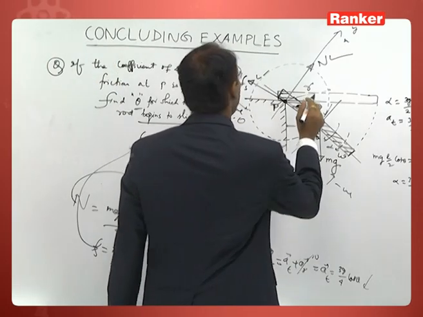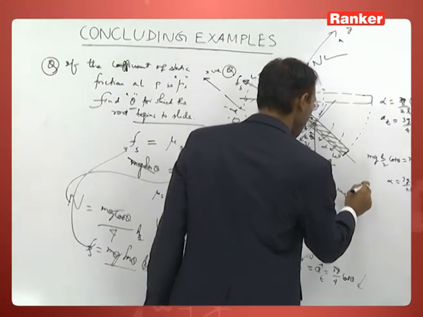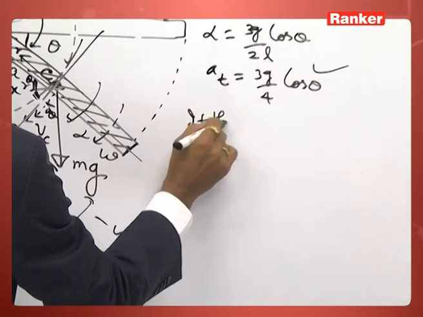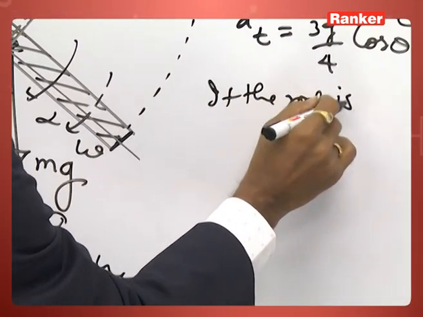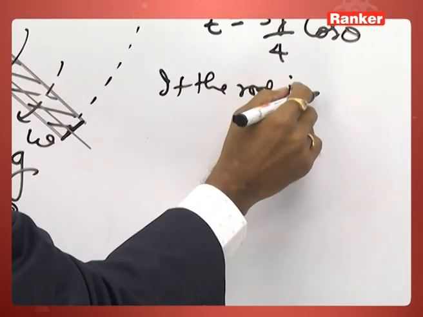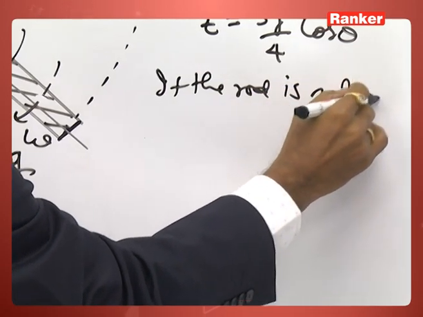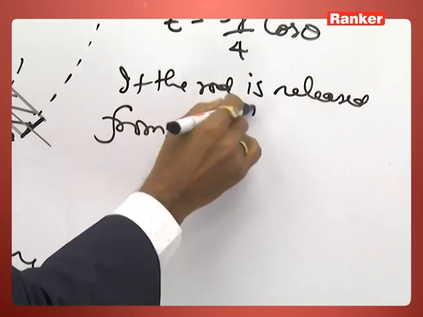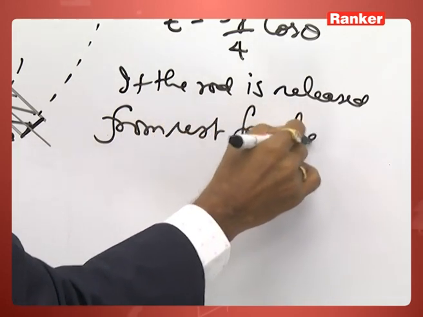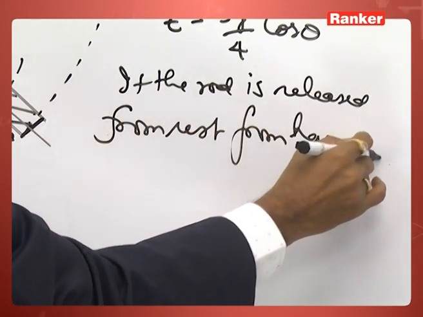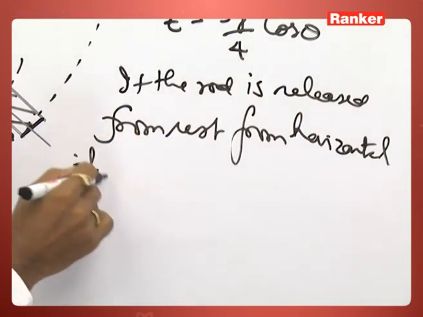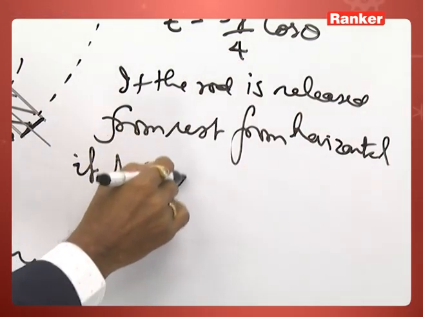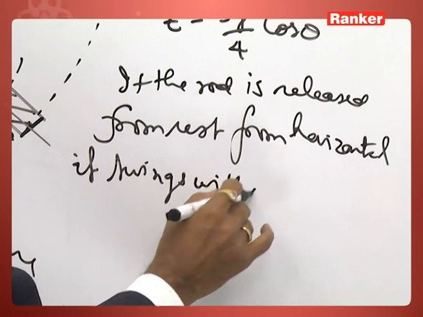For this, let us change the statement: if the rod is released from rest from horizontal, it swings without sliding.